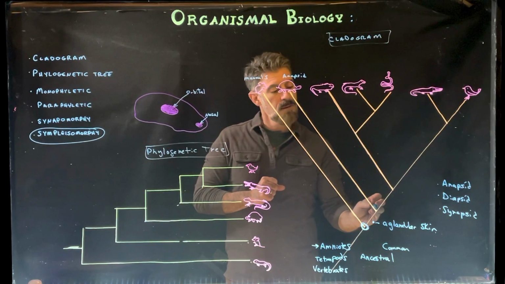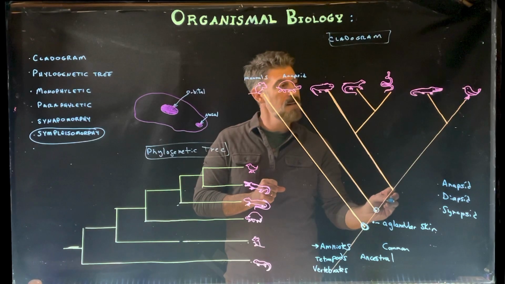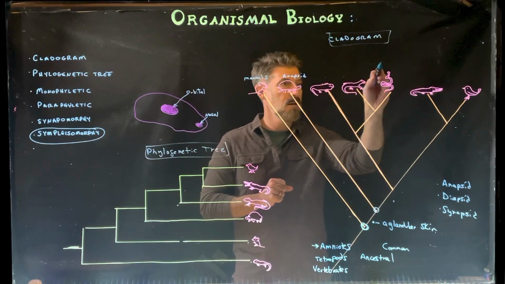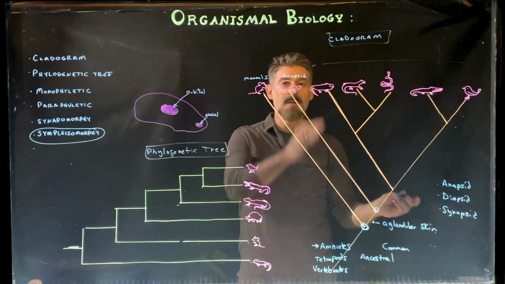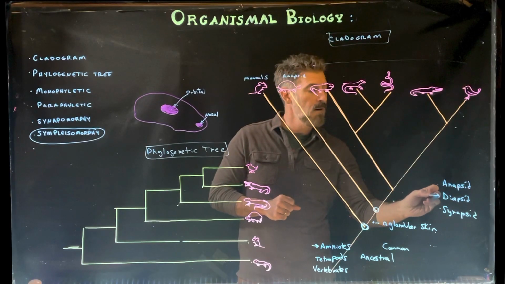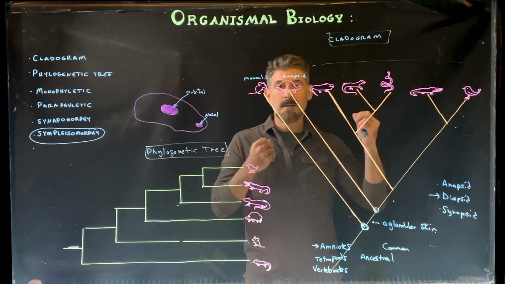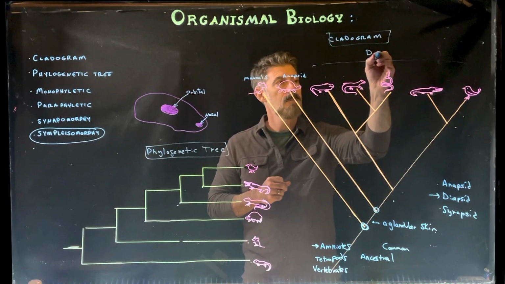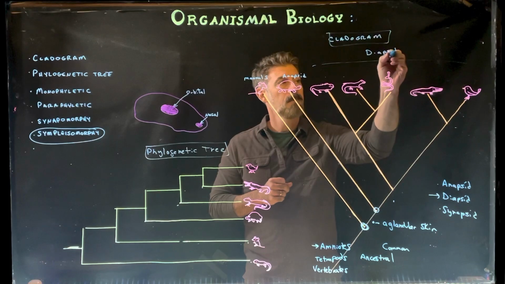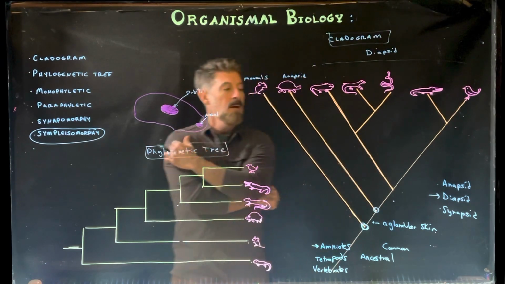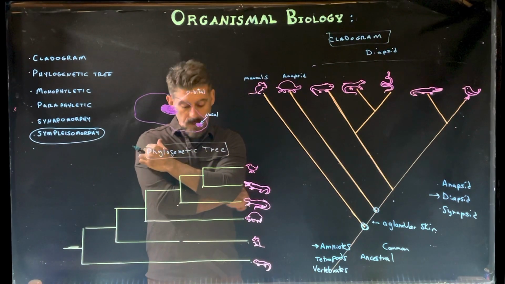So what is the characteristic that all of these here have that the turtles don't? Well, they are all going to be of the diapsid type, so these are all going to be diapsids, and they're going to have these two openings in the skull.